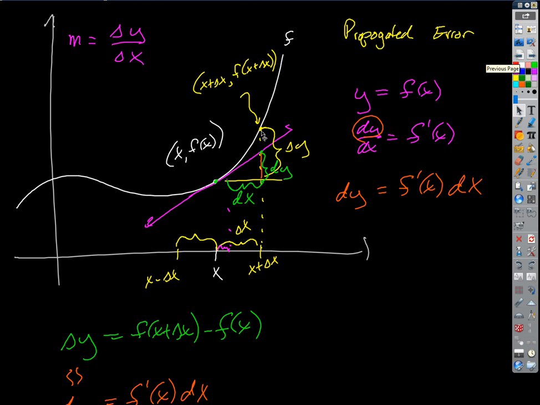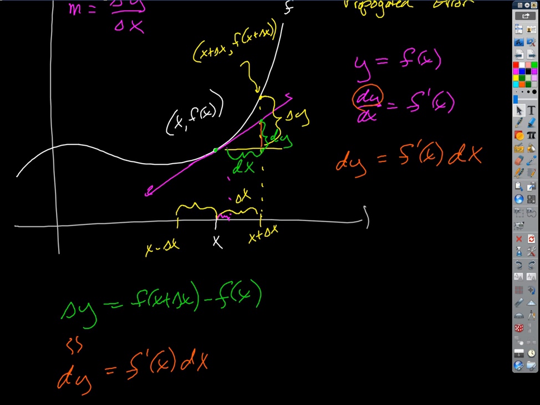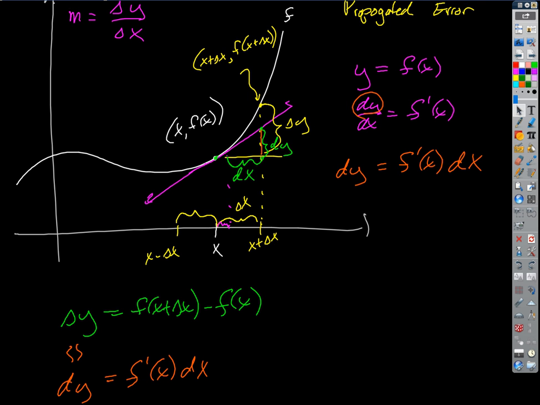And that's our propagated error. And so what this comes down to is using calculus to make a quick approximation.